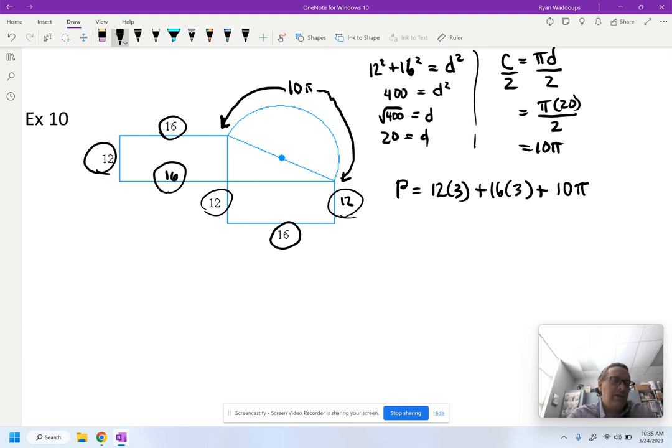And so I can type that in, 12 times 3 plus 16 times 3. And that gives me 84 plus 10 pi.